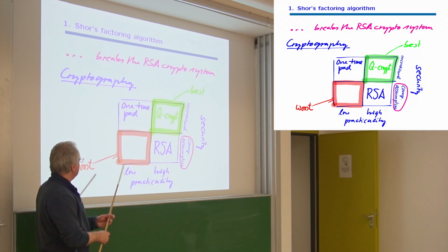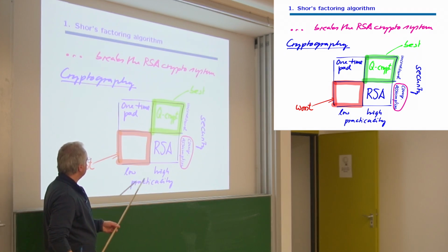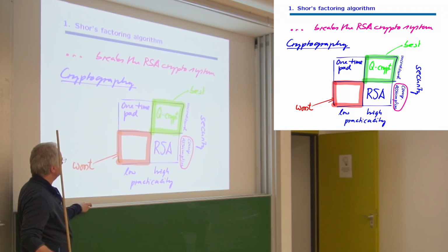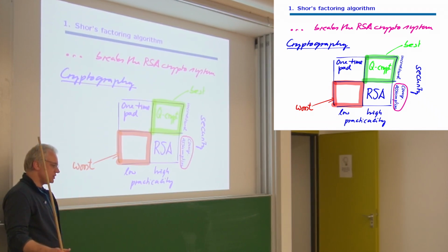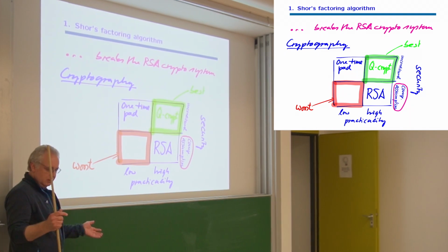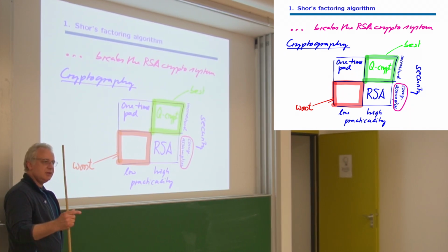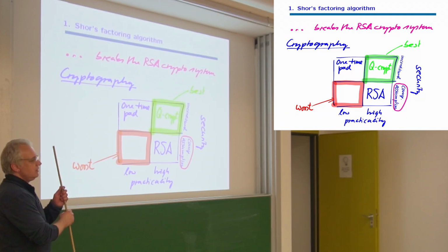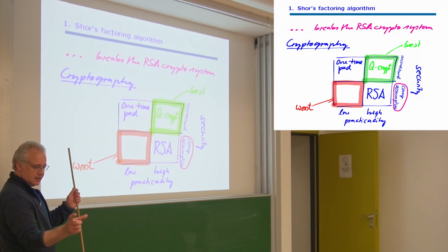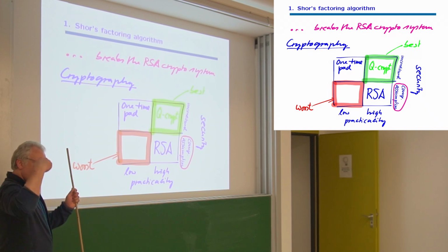An example for low practicality but high, unconditional security is the one-time pad. You share a random bit string with the person you communicate with, and then it's very easy to communicate securely. You just take a piece of that random bit string and add your message to it.